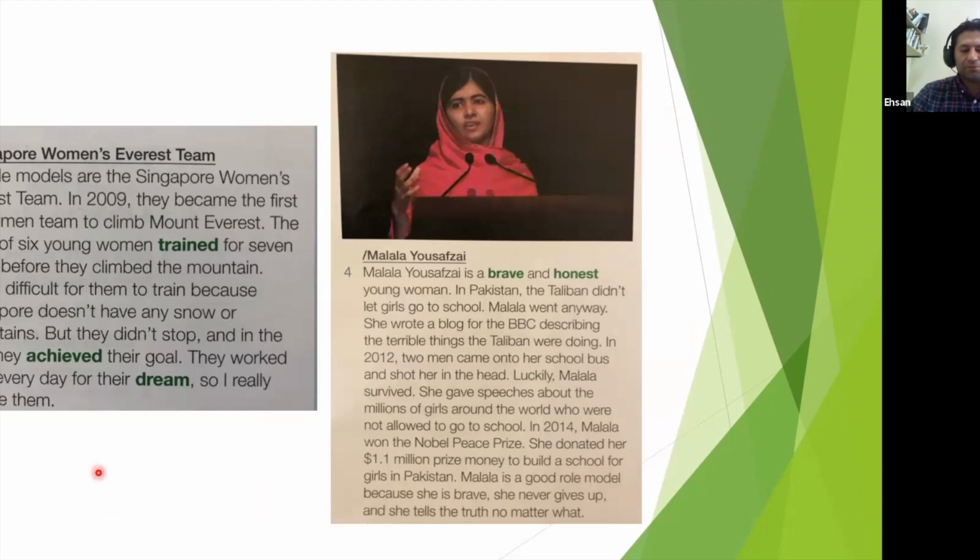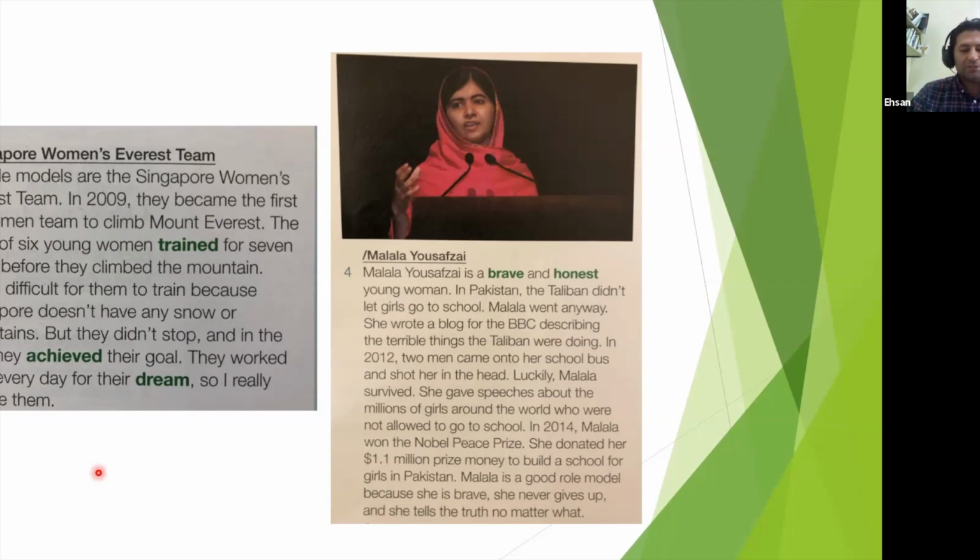This is a team including 6 women who trained for 7 years before they climbed the mountain. There are some ideas implied in the text: in 2009, they became the first all-women team to climb Mount Everest. The women could finally achieve success without any men's aid.